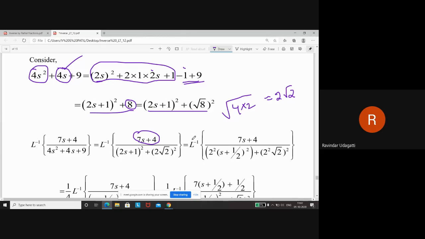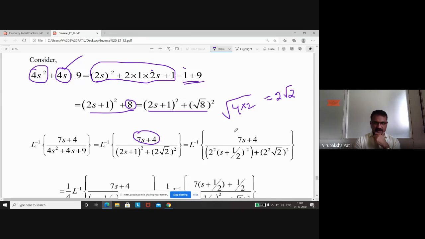Yes, sir. Further, the L inverse of this numerator we keep as it is, but the denominator should be in the form s plus a. But the s coefficient should be unity, as I told you, and here it is 2.